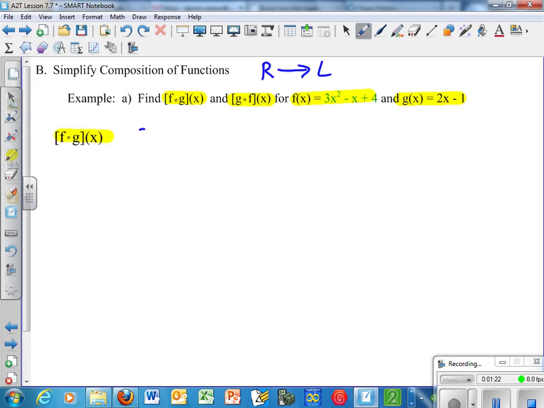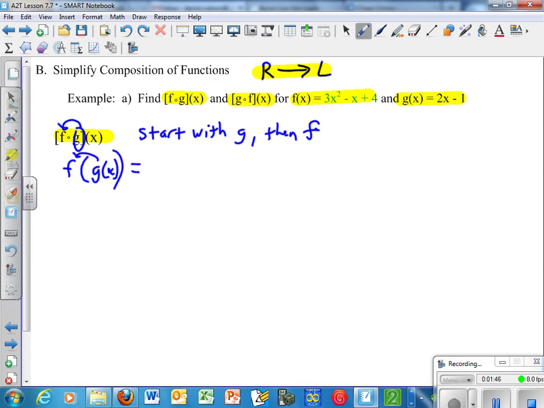This means start with g, then f. We're working right to left. So I start with g and then go to f. So this really means f of g of x. This means start with g, go into f.